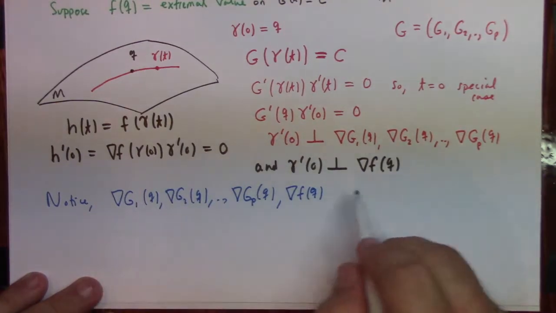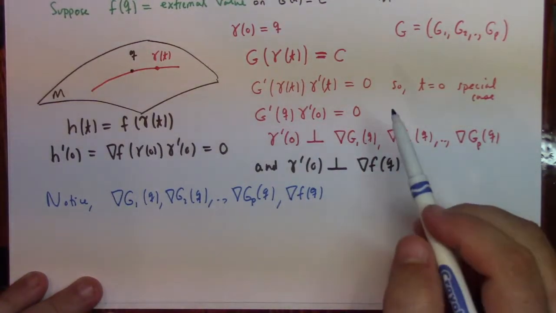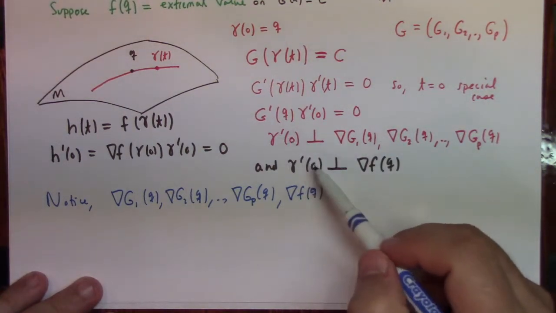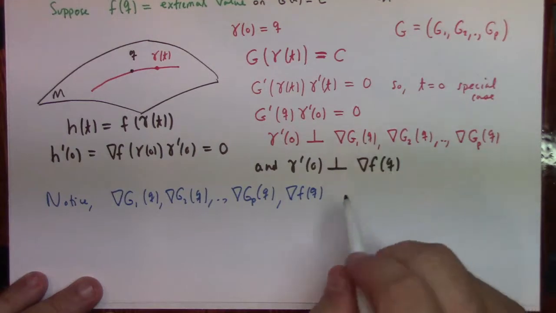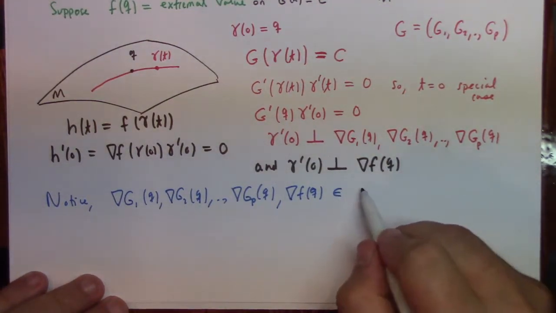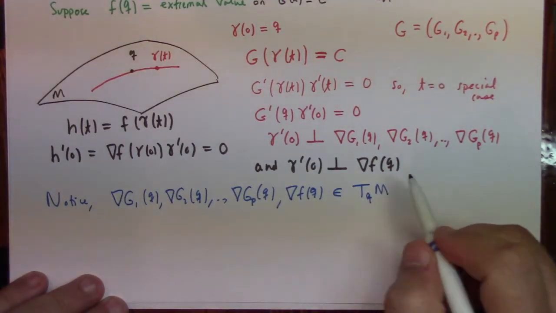All these are perpendicular to this tangent vector, gamma prime of 0. These are all elements of the perp to the tangent space at q to M.